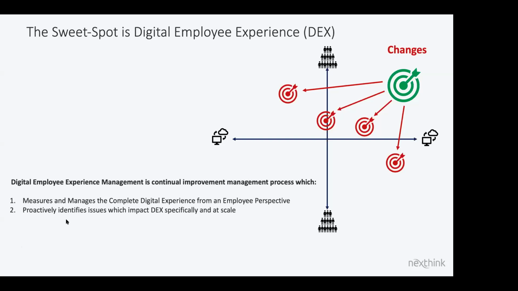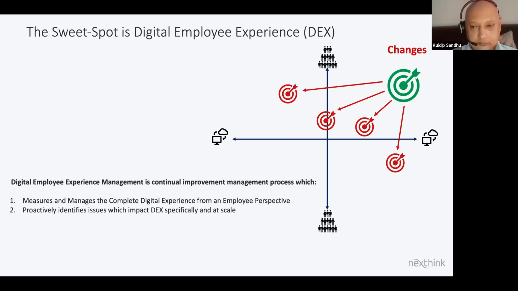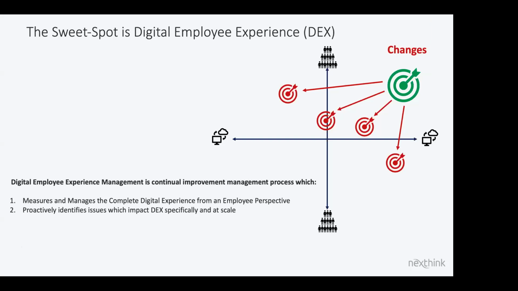We've got the ability here to proactively identify issues which can impact that digital experience score, not only specifically, but also in a very proactive way. So we're not spotting that one person has gone wrong, we're spotting that 1,000 people are at risk, and we can proactively resolve those issues before they manifest themselves as low productivity or incident storms, or however you want to measure them.